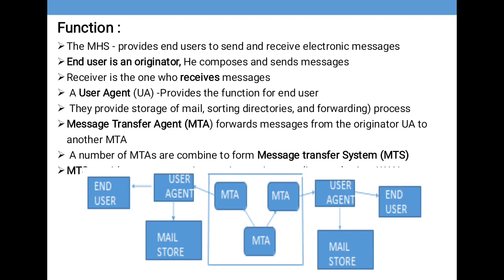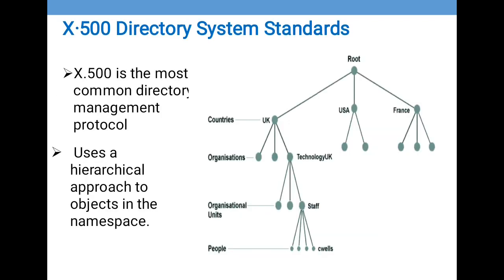The originator composes a message, and the receiver receives a message. The user agent provides functions to the end user, and the message transfer agent forwards the message from the originator to a receiver. Many MTAs are combined to form the message transfer system, which provides routing and delivering facility.